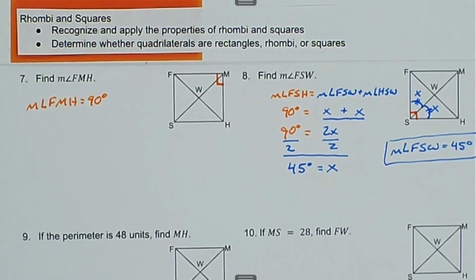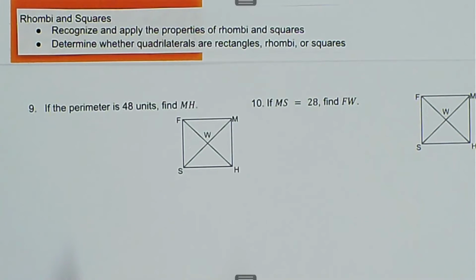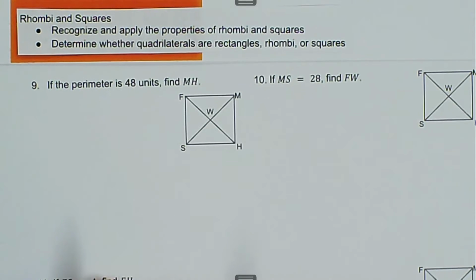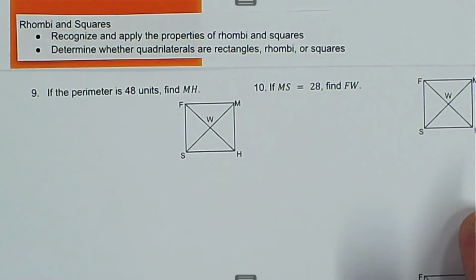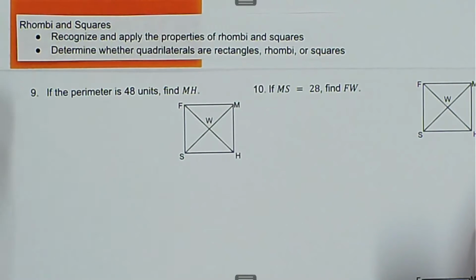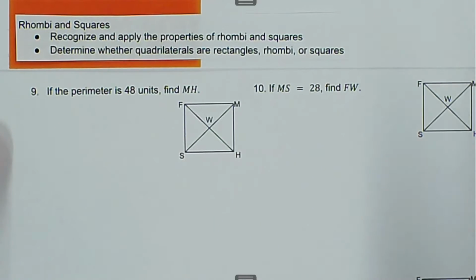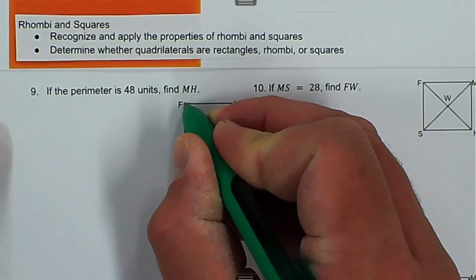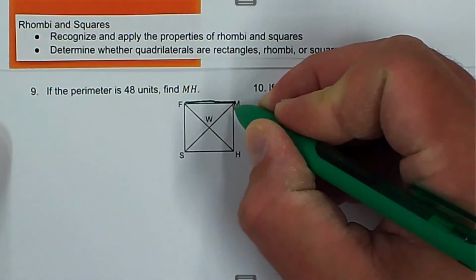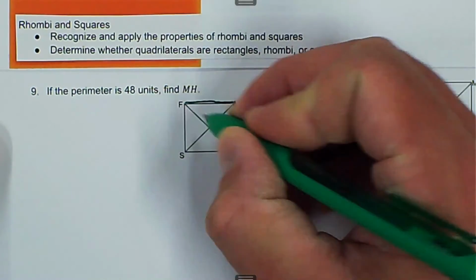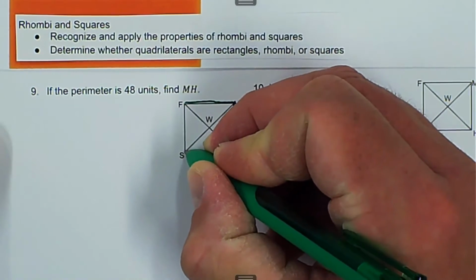Looking at number 9 and 10. So if the perimeter is 48 units, find MH. So remember, the perimeter means everything all the way around the outside. So the perimeter goes around the outside of the square.